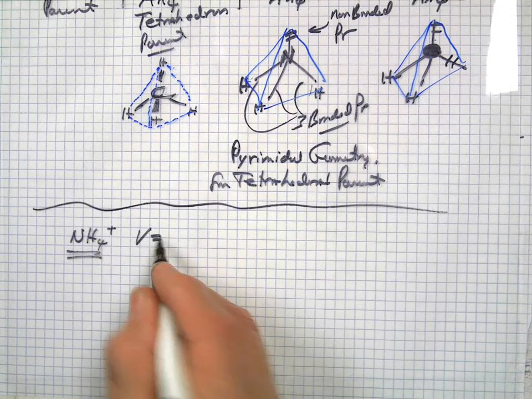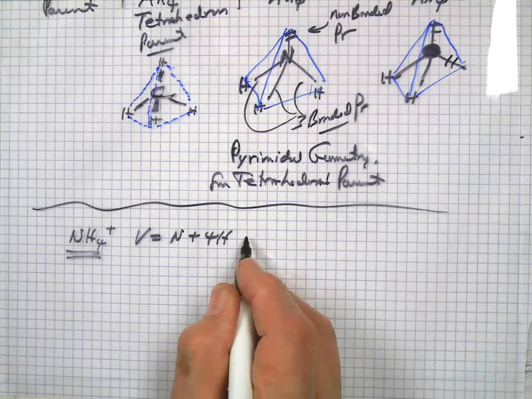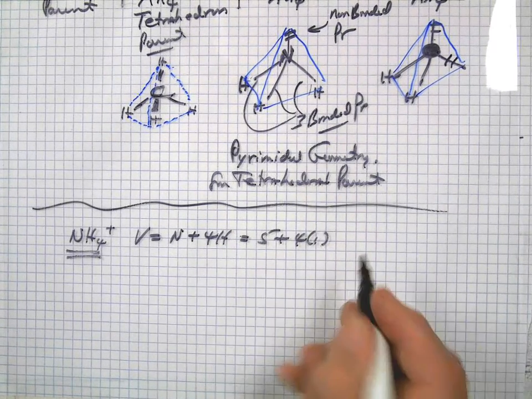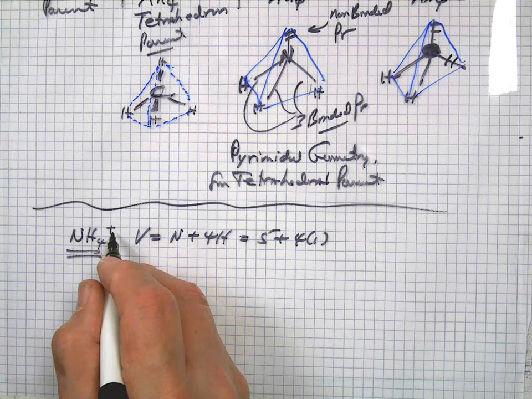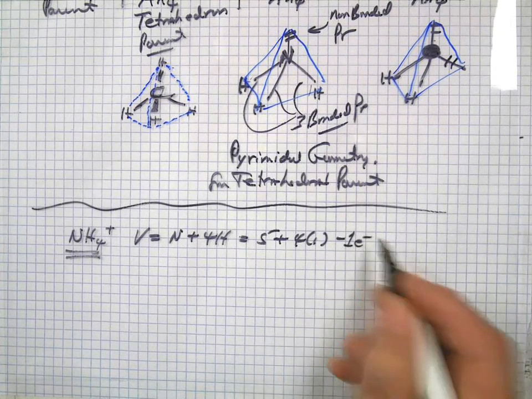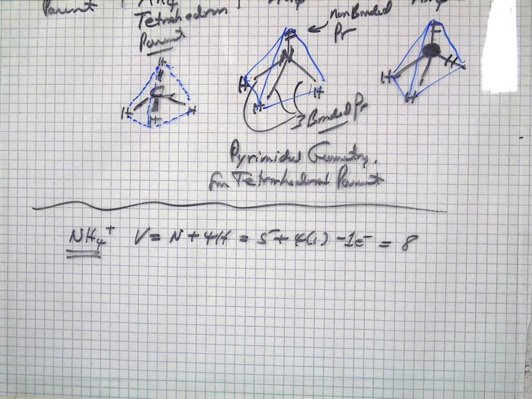The valence is nitrogen plus 4 hydrogens, which is equal to 5 plus 4 times 1. What do we do if we have a plus? Subtract 1, so minus 1 electron, and so that would give us a valence number of 8. Everybody still good on why we subtract with the plus and add with the minus?